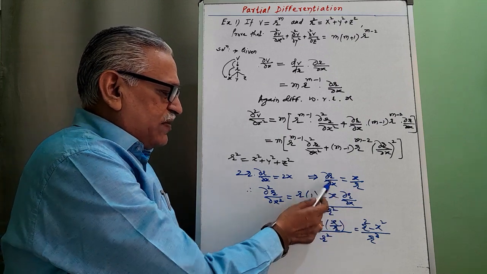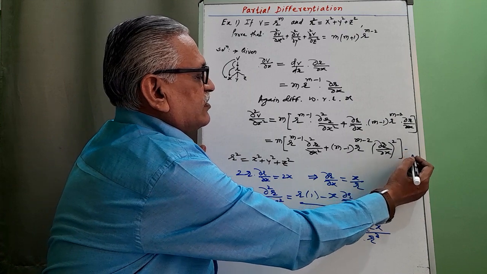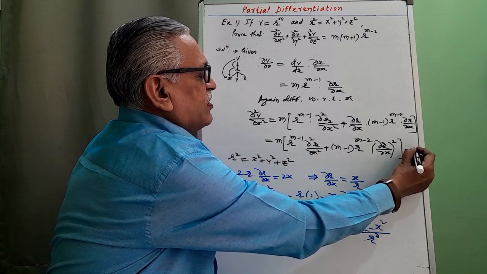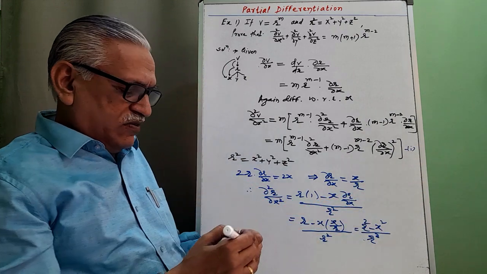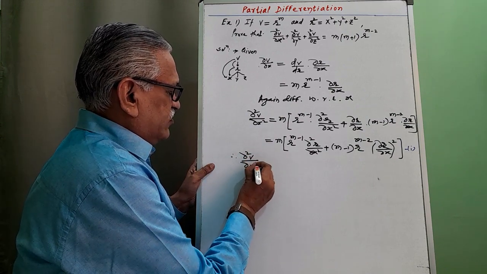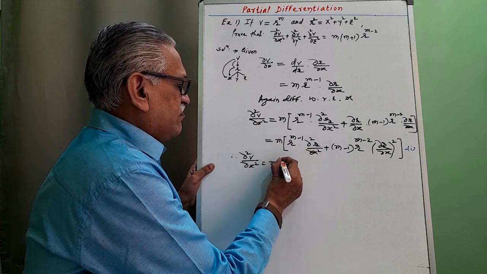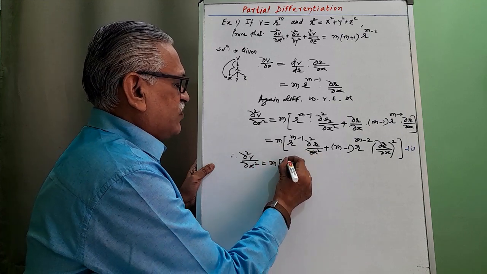Substituting the value of dou r by dou x and dou 2r by dou x square in this equation, if we call this as equation 1, dou 2v by dou x square is equal to m r raised to m minus 1.